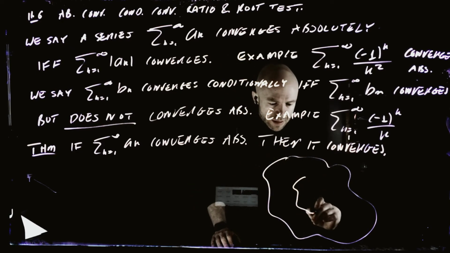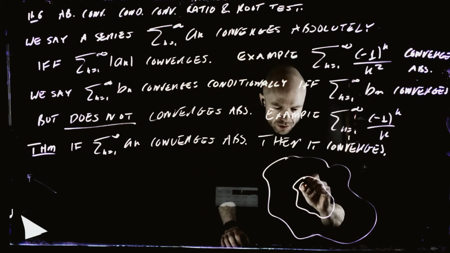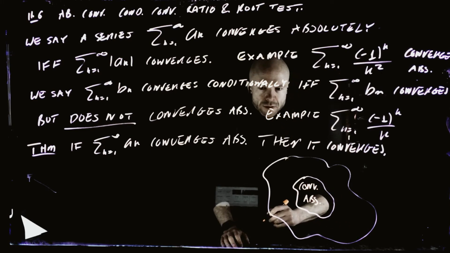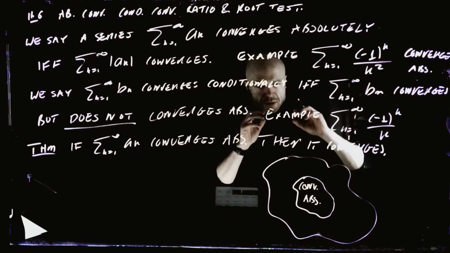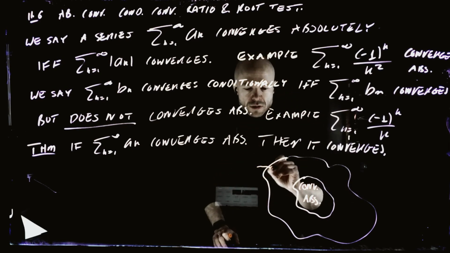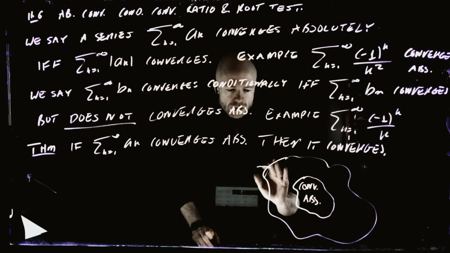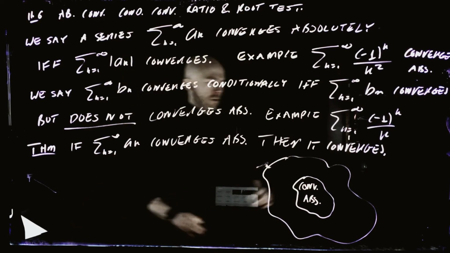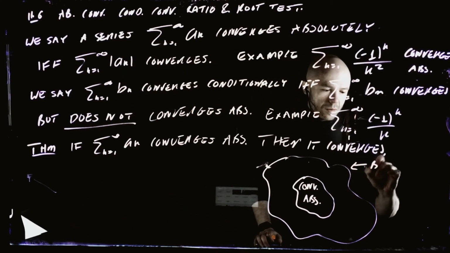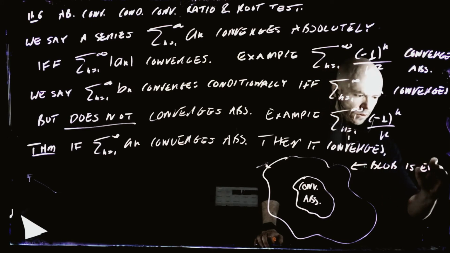Then inside that collection, there is a subset which converge absolutely. But we've already seen that there are examples of things that still converge. So this blob is everything that converges.